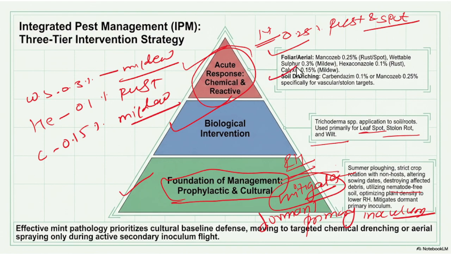In the soil drenching, carbendazim 0.1% and mancozeb 0.25% are useful for specific vascular or stolon targets. So in this way we can control or take the preventive measures for the control of the diseases.